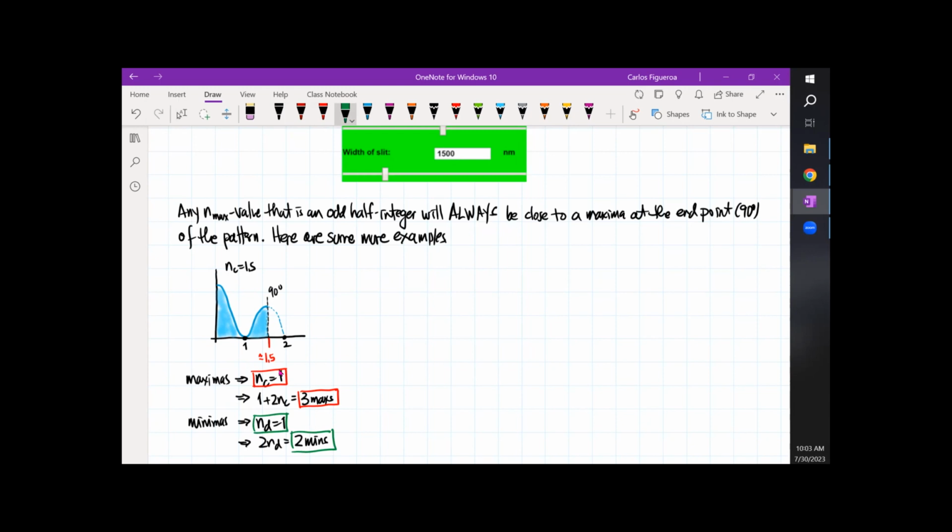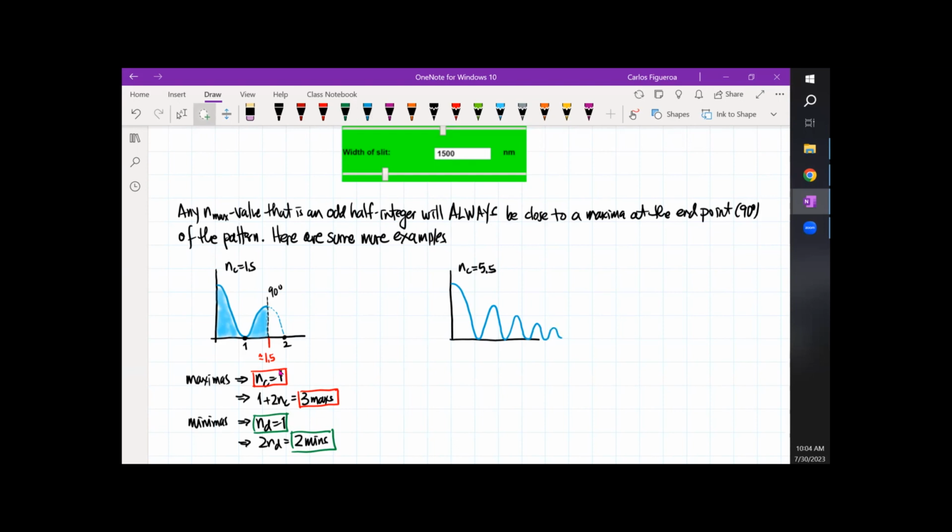What happens if I have something that reads, let's just do one more here. What happens if I have a value that looks something like this? Let's say that this is NC equals, how about 5.5? So if I look at this pattern here, it's got to go 1, 2, 3, 4, 5.